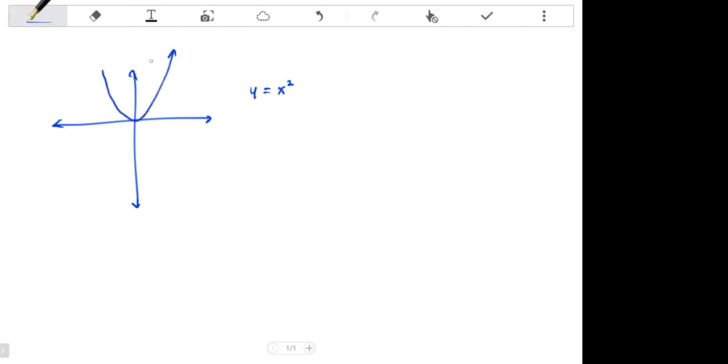But let's look at zeros of polynomials. I'm going to give you an example. Let's go back to this example. It's y equals x squared, and let's do an example like y equals x. What do you think the biggest difference between these two graphs is?